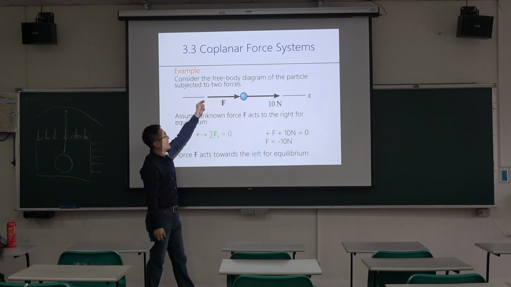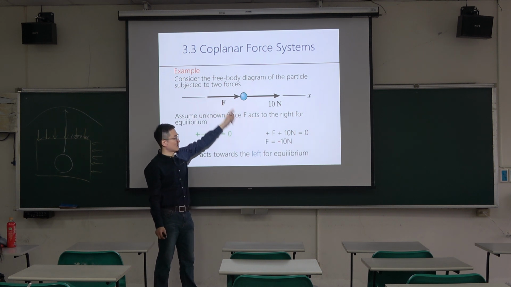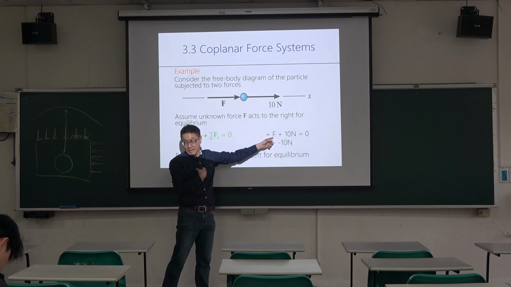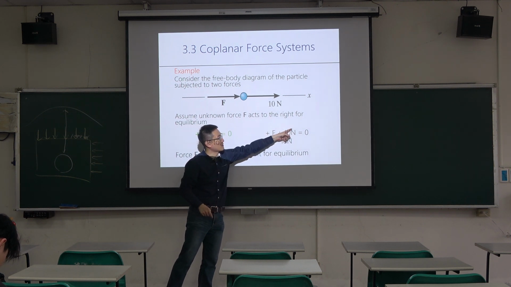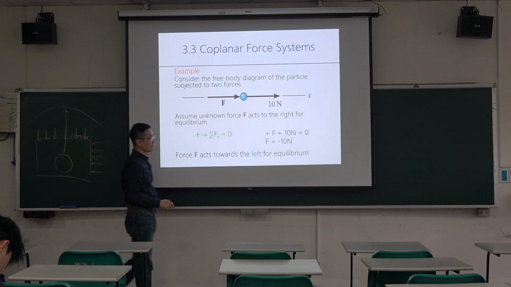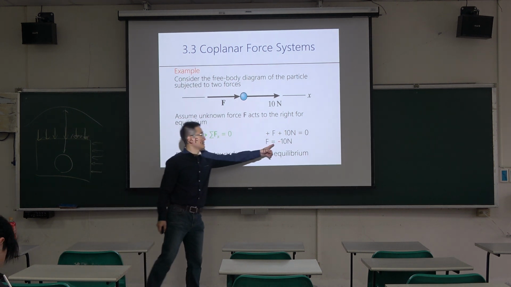Here we define F direction as toward right, so positive toward right. And 10, we already know it's toward right, so also positive. 10 plus F should be equal to 0. That means F is negative 10.